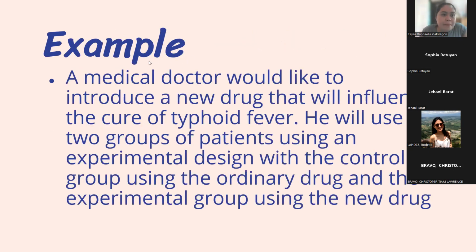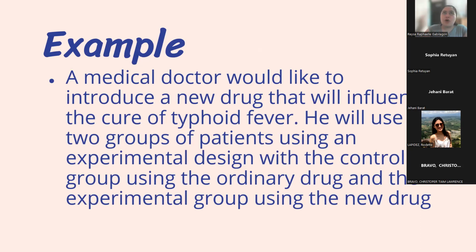So we have an example here of an experimental research. A medical doctor would like to introduce a new drug that will influence the cure for typhoid fever. So he will use two groups of patients. So again, we have two groups here. The experimental group with the new drug na ipopropose niya.